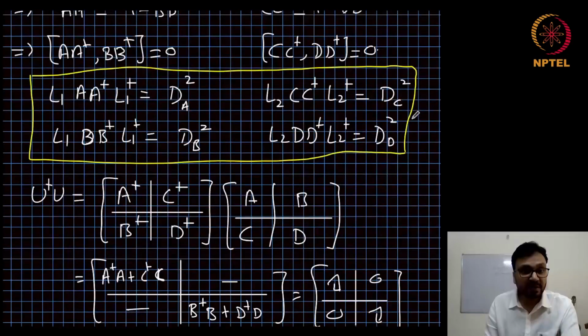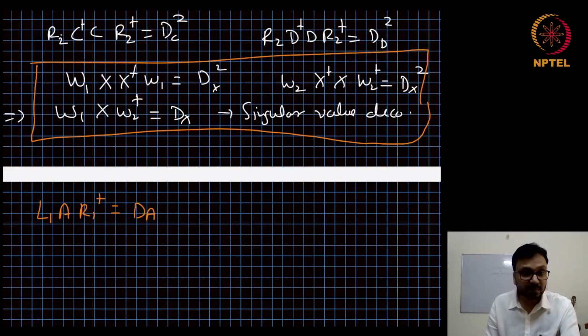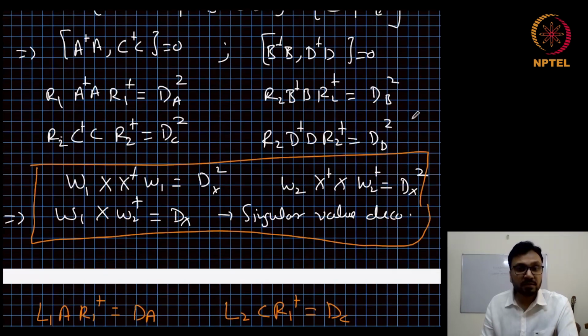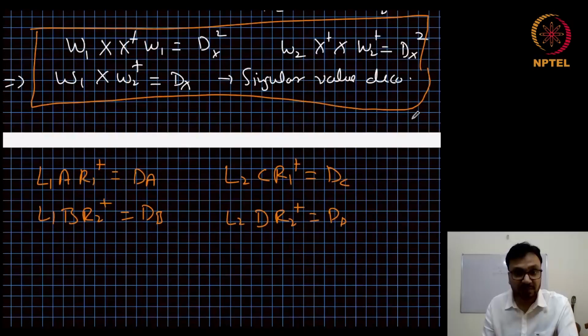Similarly, we have L1 diagonalizing B B dagger and R2 diagonalizing B dagger B. So L1 B R2 dagger equals dB. L2 C R1 dagger equals dC, and L2 D R2 dagger equals dD.